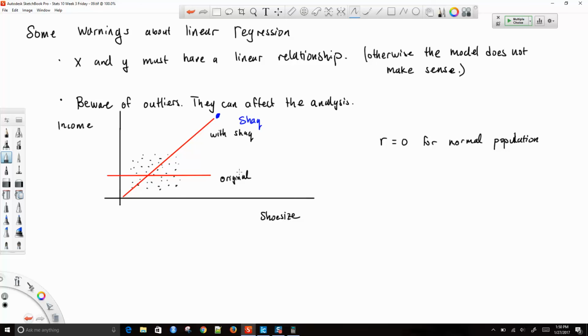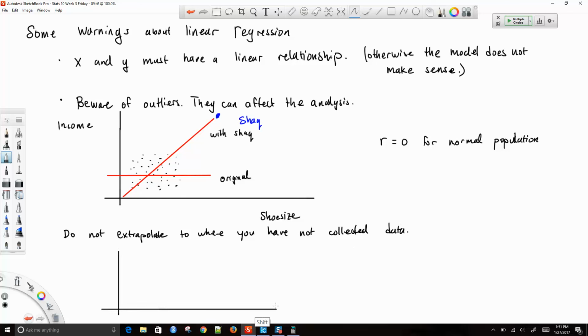Another warning is do not extrapolate to where you have not collected data. Let's imagine you've gone to the elementary school.